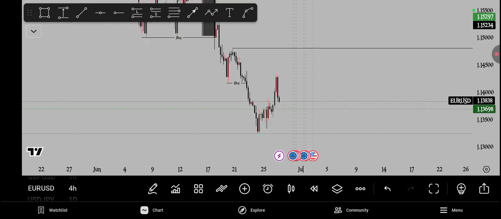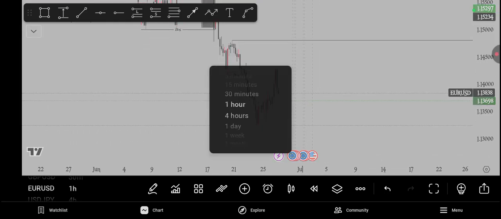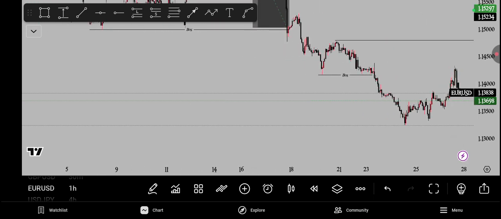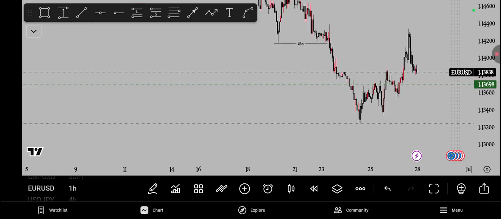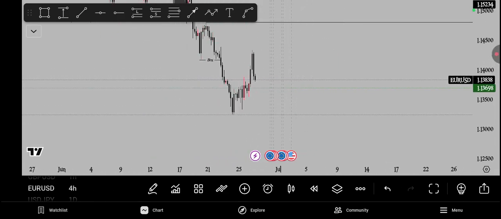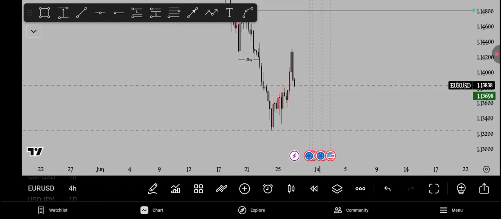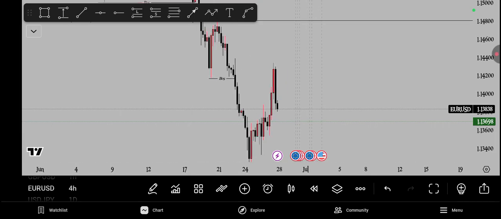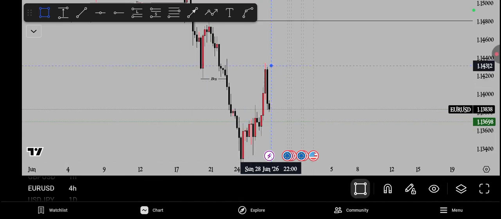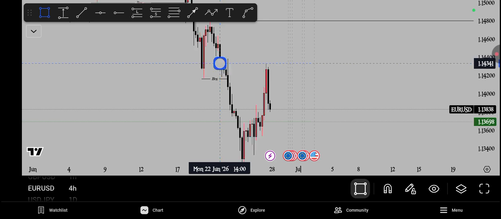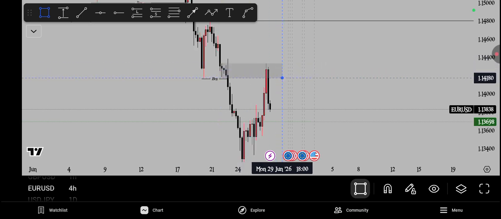So what will I be looking out for now? Let me see if I can find a supply area on the 1-hour time frame. The only supply area I can find here, price has already reacted from it, which is this base before the drop.